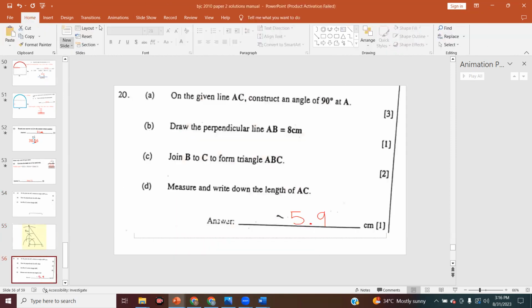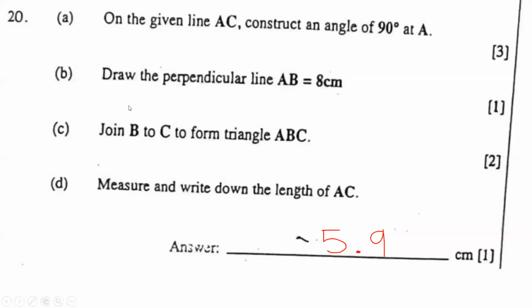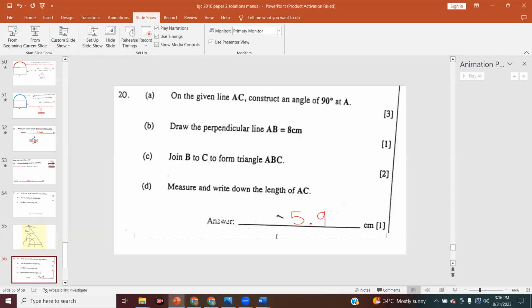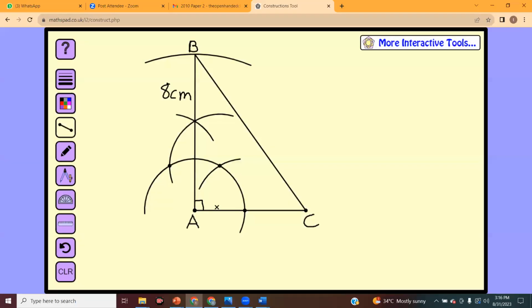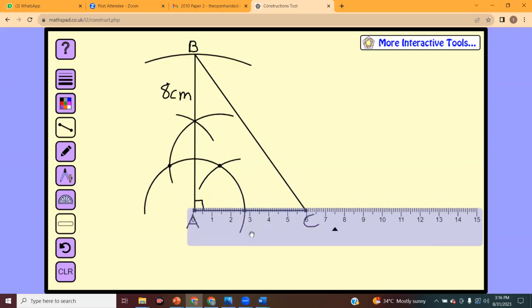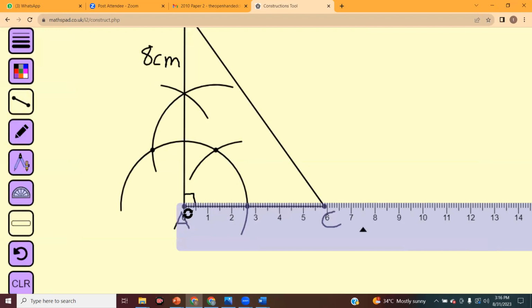It says here that we want to measure and write down the length AC. So what is the length of AC? Let's go back to our diagram and let's measure it out. AC is here. And so if we look carefully and we measure it, this is 0, this is 1, 2, 3, 4, 5, 5.5, and then 5.9.